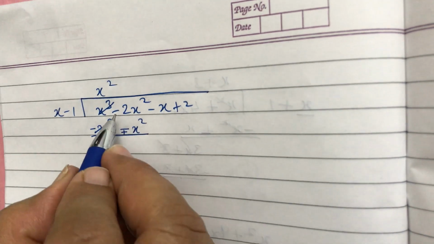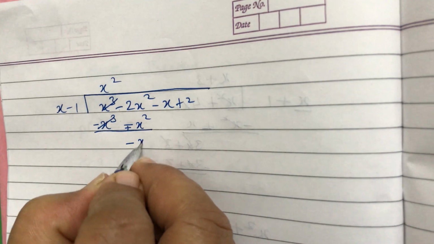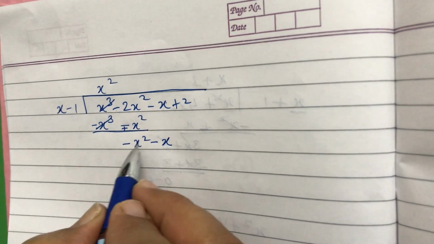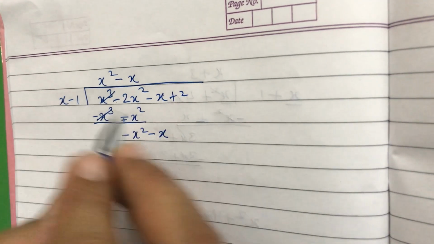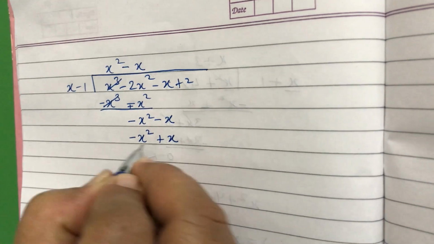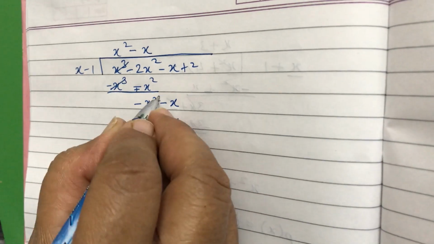This cancels out. We now pick it up as minus 2x square plus x square, which is minus x square. Bring down the next term. Minus x square divided by x is minus x. We multiply again with both the terms: minus x square plus x. This minus becomes a plus, cancels out.